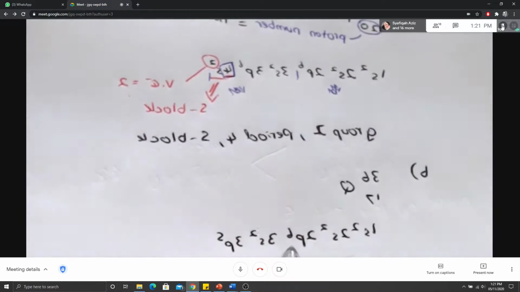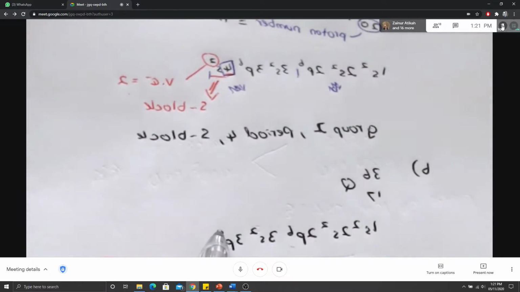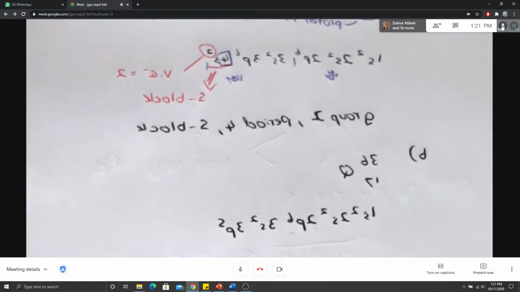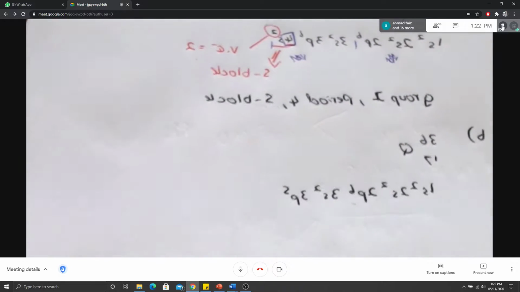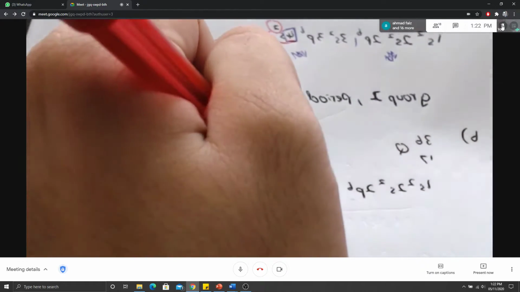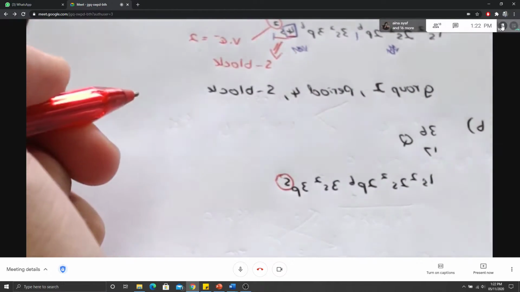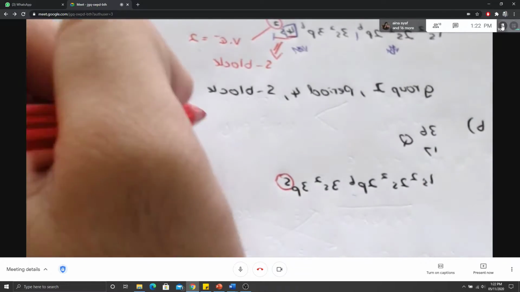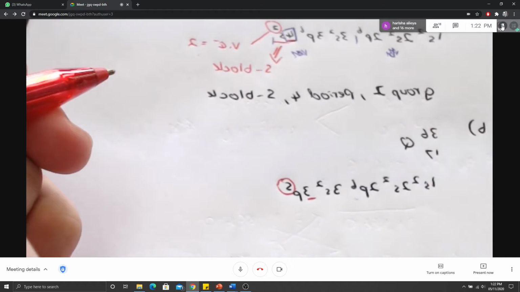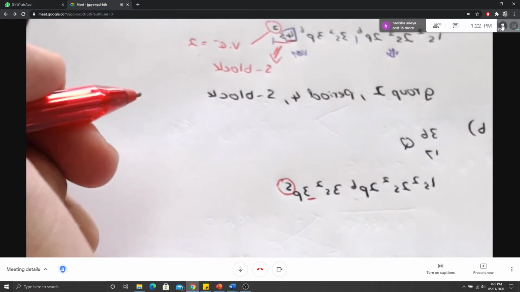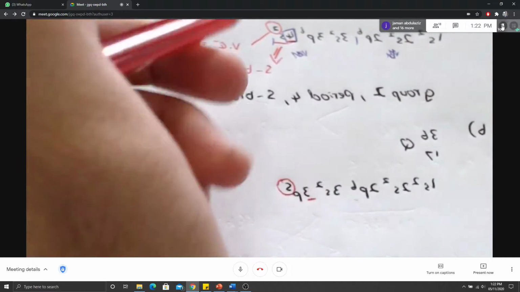The first three make 10, and then 2 plus 5 is 7. So, 17. Okay, we only look at the valence electron. To find the valence electron, look at the last electron you filled. You filled 3p5, right? So check whether there are any others with the same principal quantum number. There are, the 3.